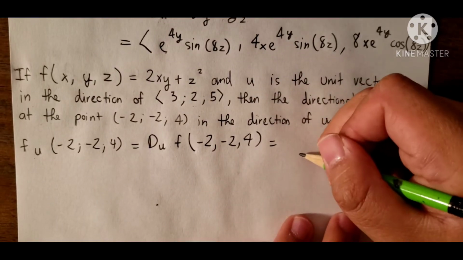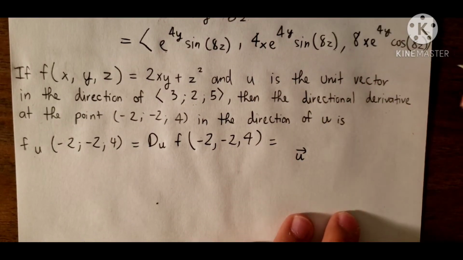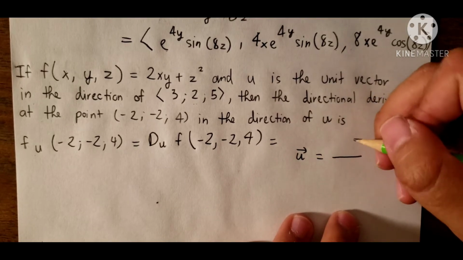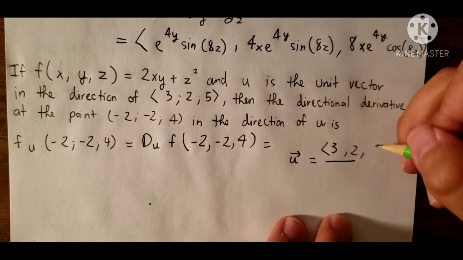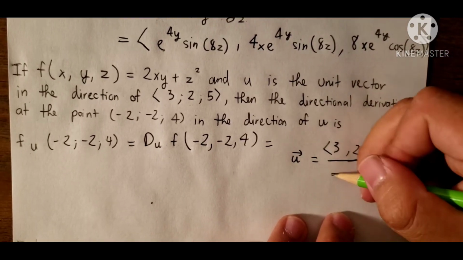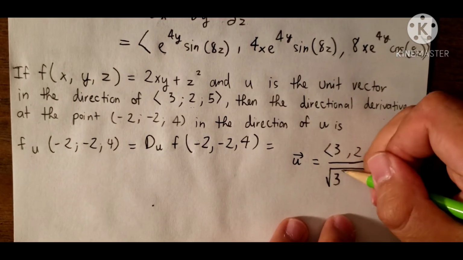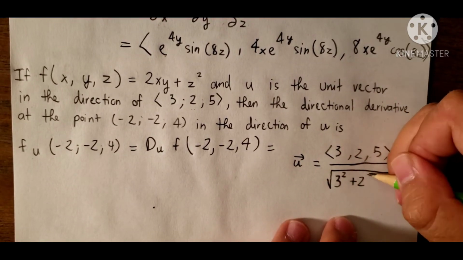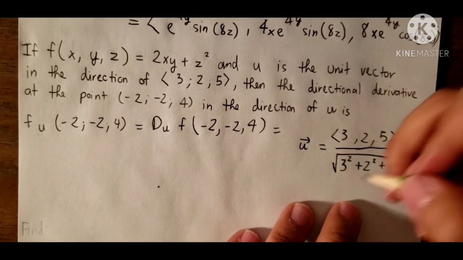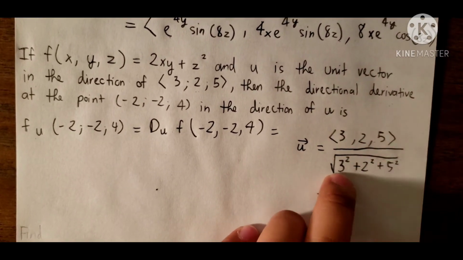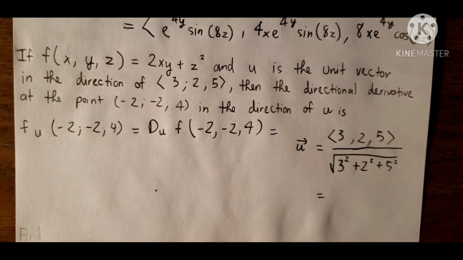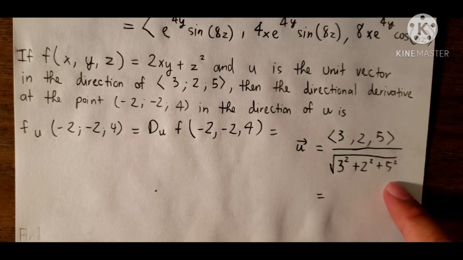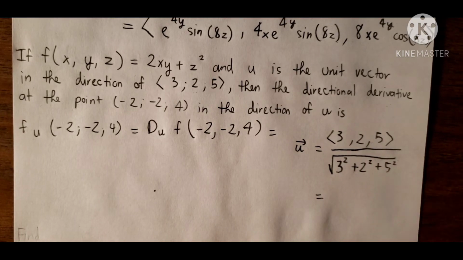We put 3, 2 and 5 on top, and then 3 squared plus 2 squared plus 5 squared. 3 squared is 9, 9 plus 4 is 13, 13 plus 25 is 38.